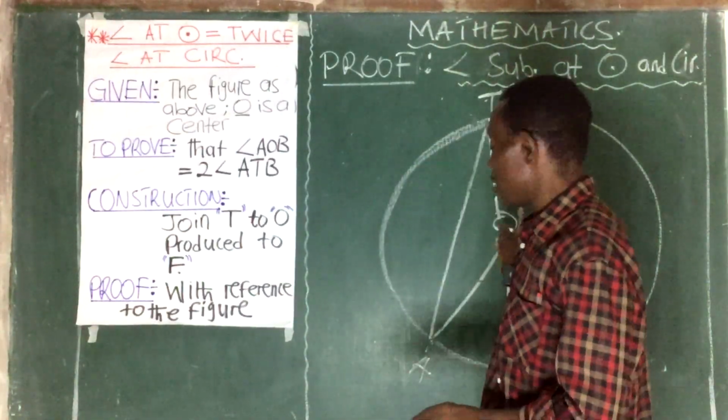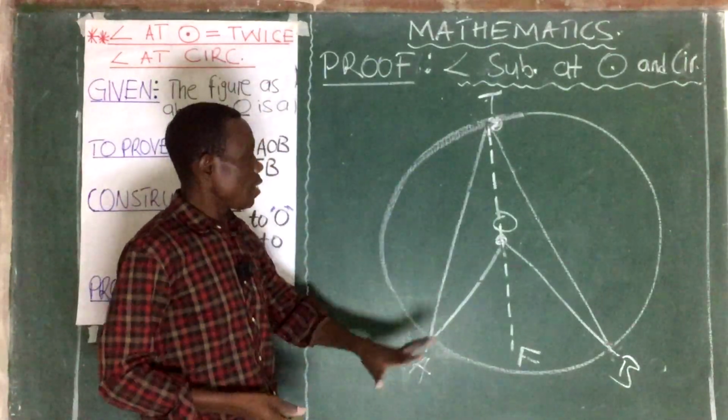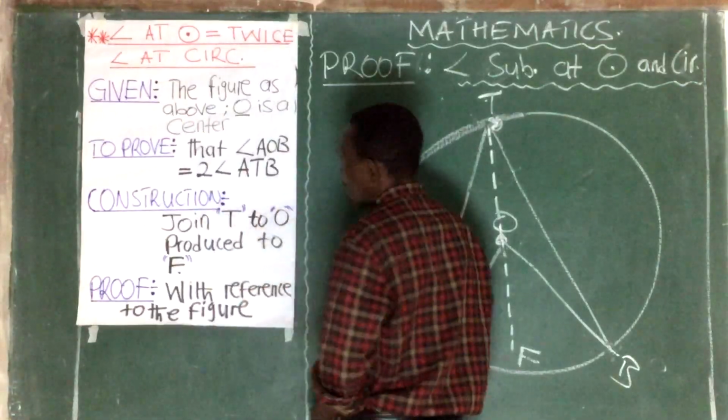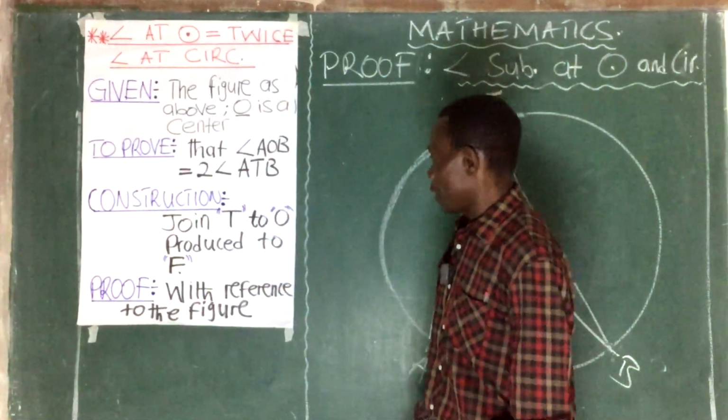So what we're going to do here is just simple. Let's go to the diagram itself and see what we have here, and how it's going to help us to show that angle AOB is equal to 2 times angle ATB. Right.